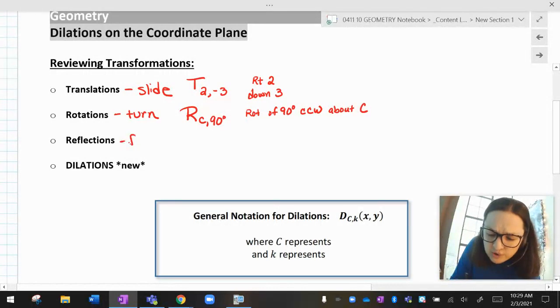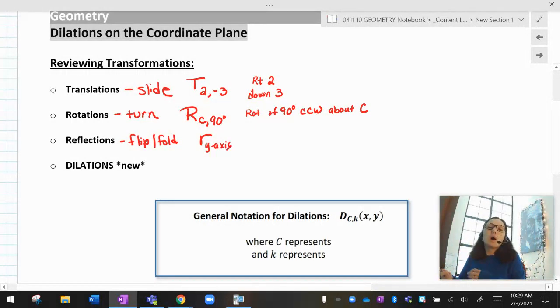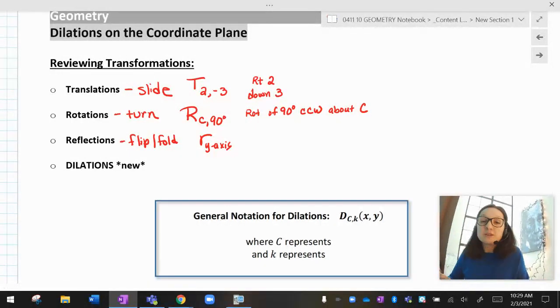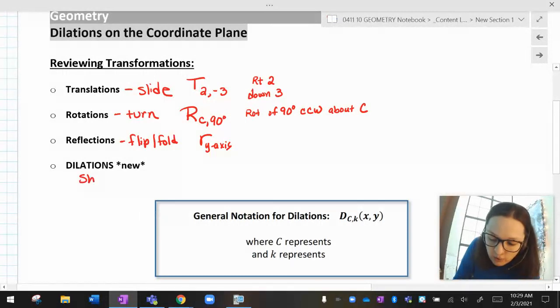And then reflections are a flip or a fold. And that's the lowercase r. And if you had r, y-axis, that means you reflect over the y-axis. Dilations are a new one, and that's just a capital D with a subscript. So a dilation is going to be a shrink or a stretch.